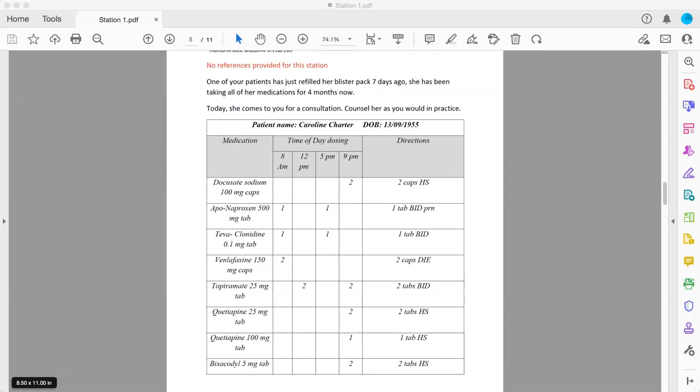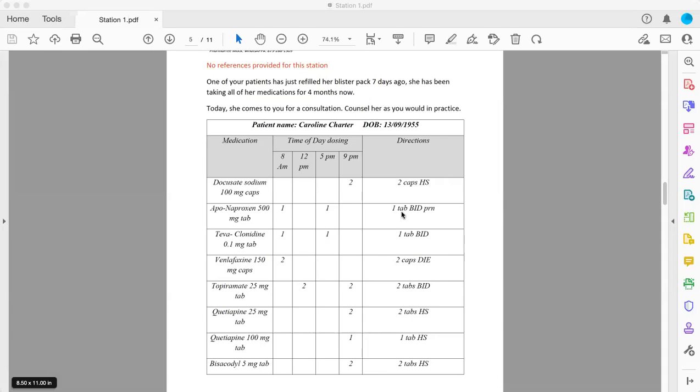Okay. So actually, I can see from your medication that you are taking a lot of medication which is hard on the stomach, especially venlafaxine and naproxen. And you told me that you're taking naproxen on an as-needed basis, but still the co-administration of all of those medications together might cause some stomach upset.